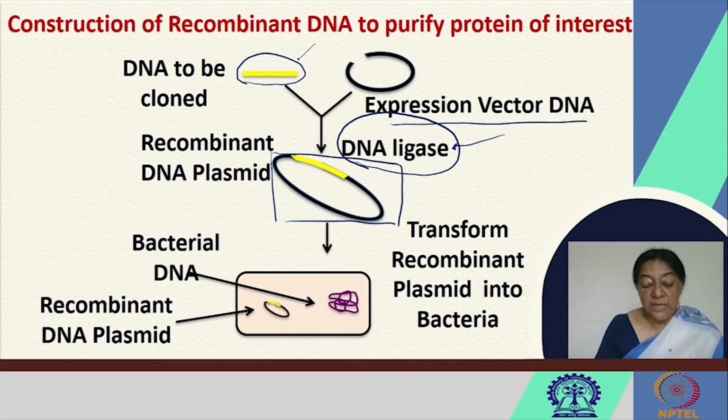We have linked our DNA to the expression vector using DNA ligase to create our recombinant DNA plasmid. This is then transformed into bacteria. So here is bacterial DNA and here is the recombinant DNA plasmid.